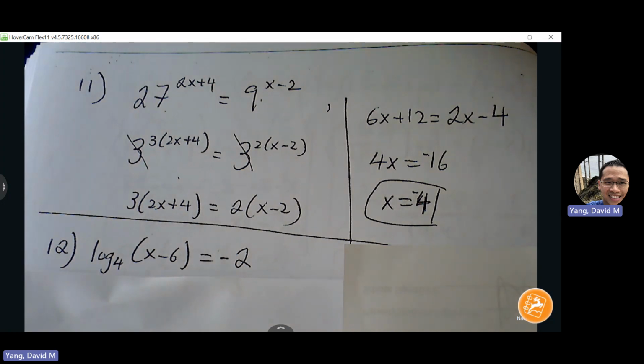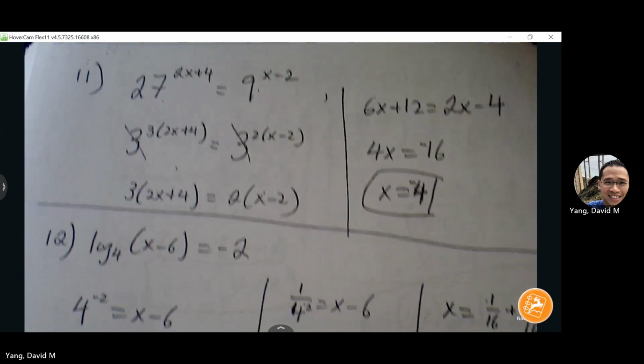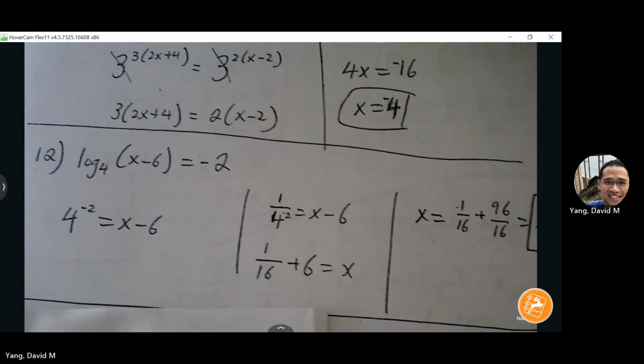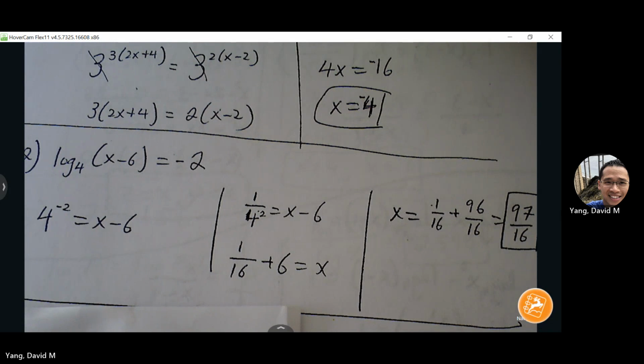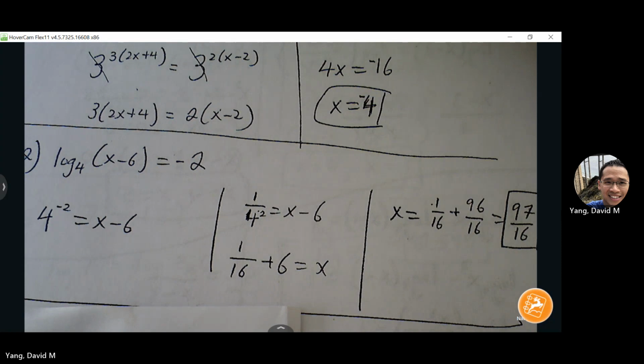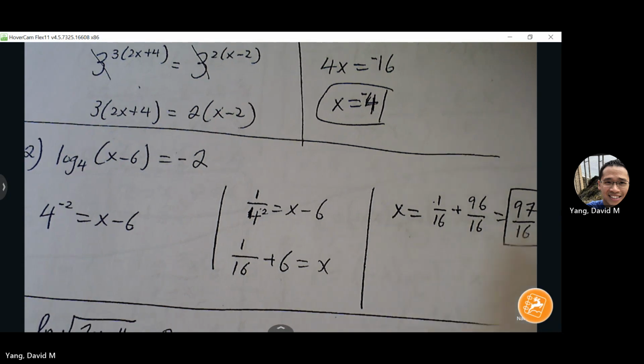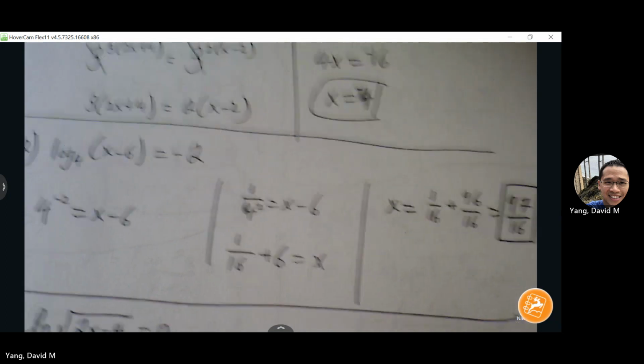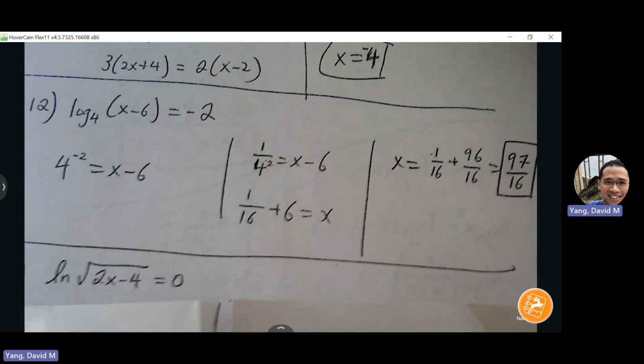Once it's in exponential form. 13, same way.